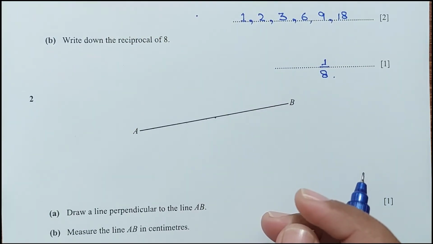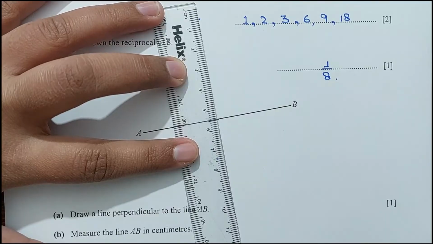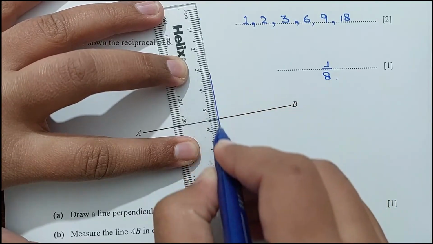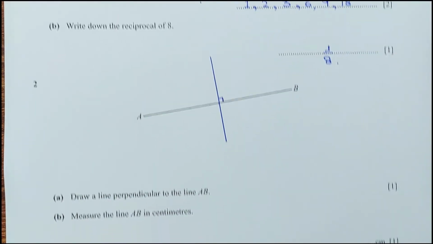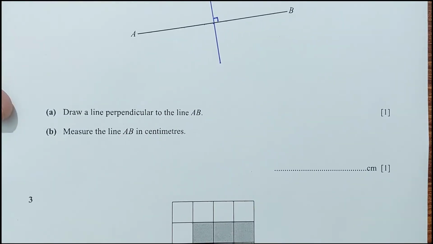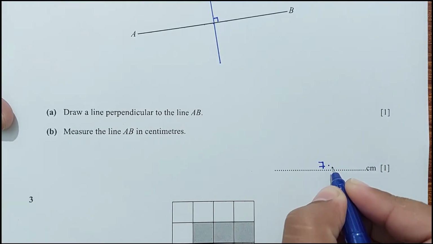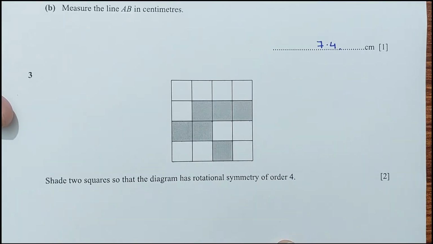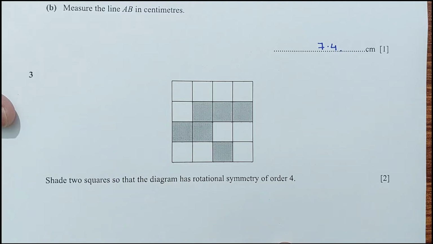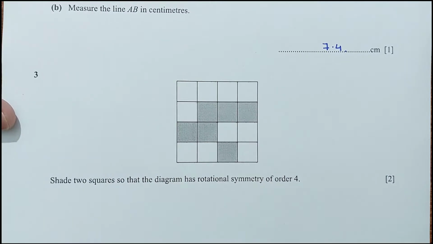So this line is the perpendicular bisector to the line AB, right? Now part B, measure the length AB in centimeters. We have already done it, which is 7.4 centimeters, right?